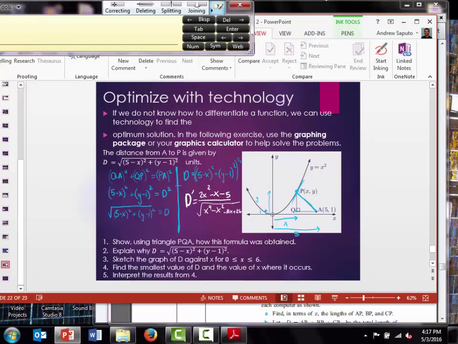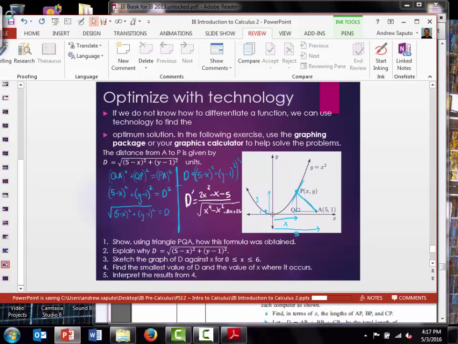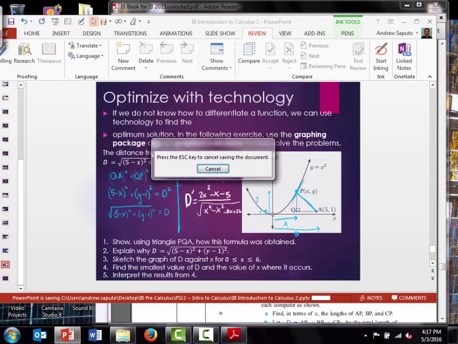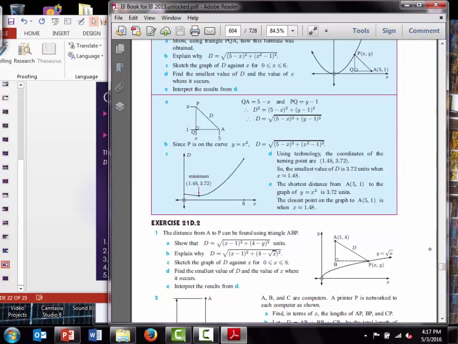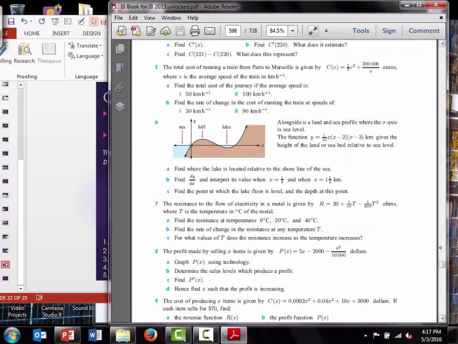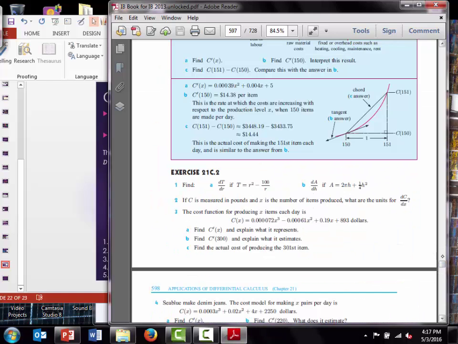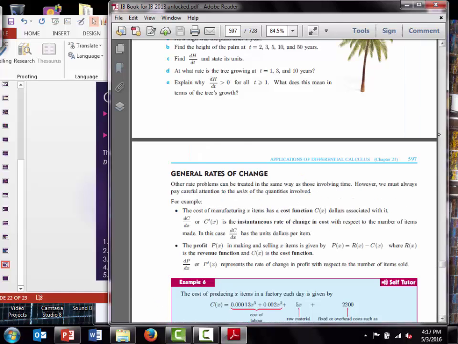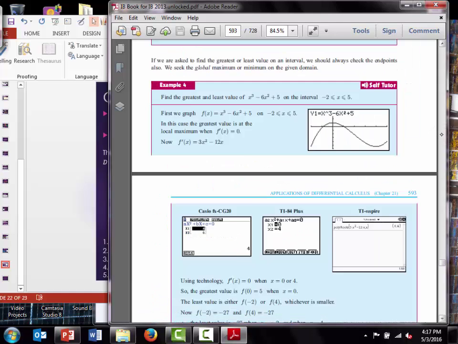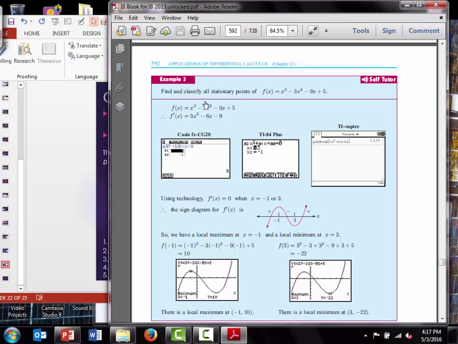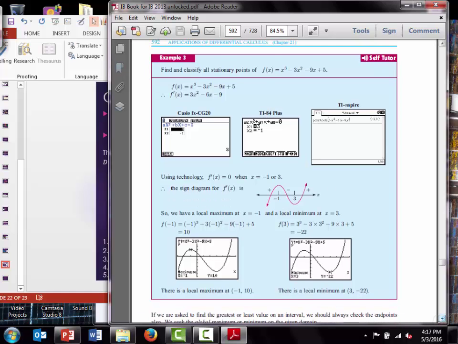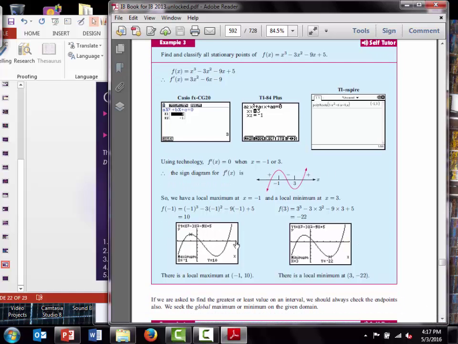Okay. So, we should know how to do this using technology though, and there's a section in your book that tells you how to do this using technology. Find all and classify stationary points. You plug this into the equation, and all you have to do is find the points where it crosses 0.